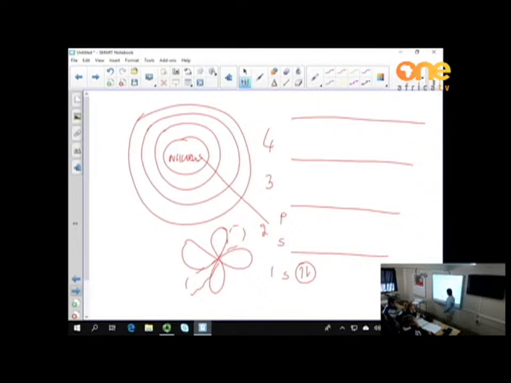Now you don't need to know about the orbital shape. That's not part of your syllabus. Yes, because in the second energy level, the electrons travel firstly in an S sublevel, all right? And then we will have 3 Ps.